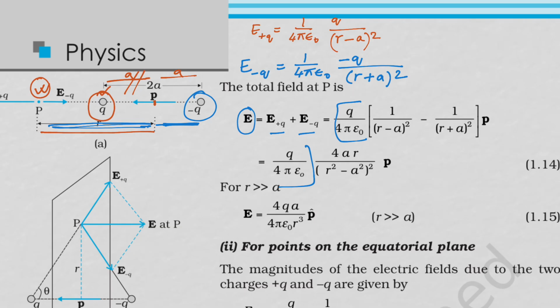And when we do the maths, we find it is equal to Q upon 4 pi epsilon naught multiplied by 4AR divided by R square minus A square, the whole squared. Now here, R is way bigger than A, because electric dipoles are very small in size and the distance we are covering here is huge. For example, on the screen, if this is your dipole, then we are finding the electric field somewhere here.